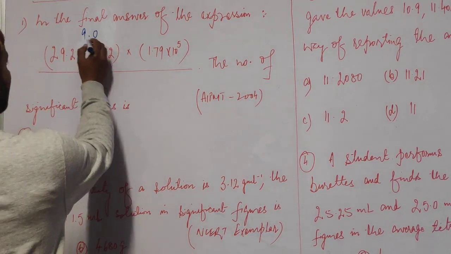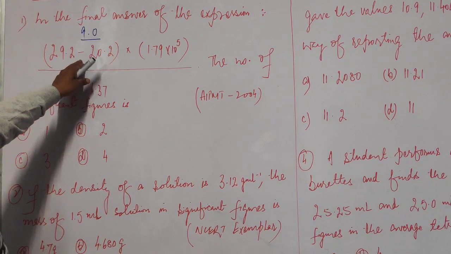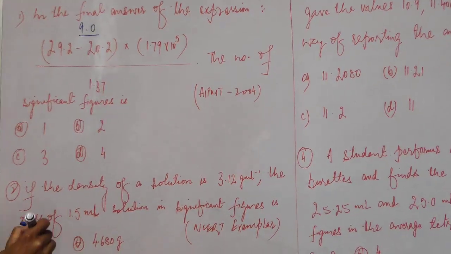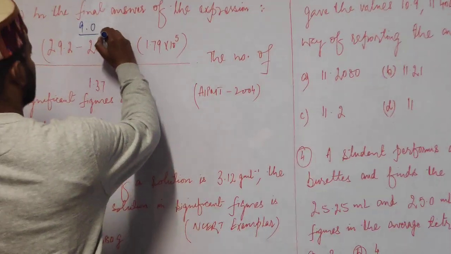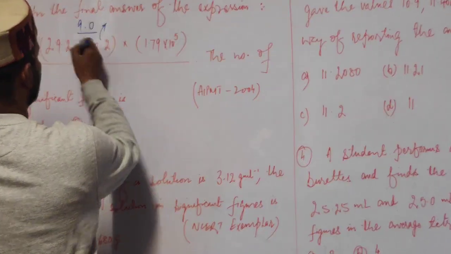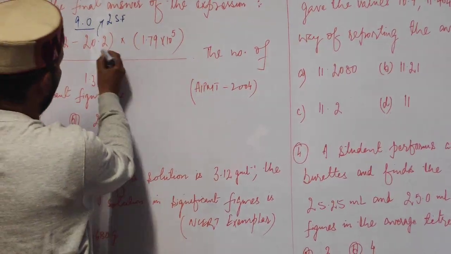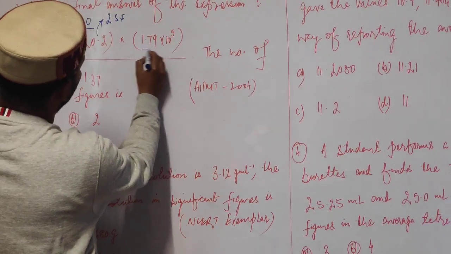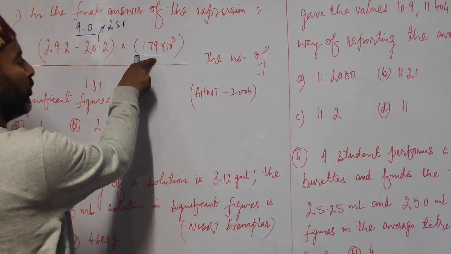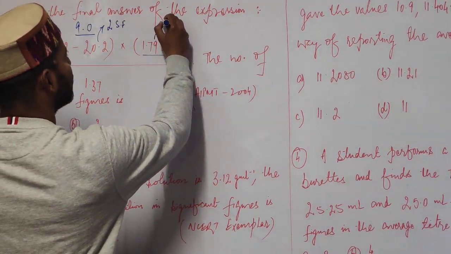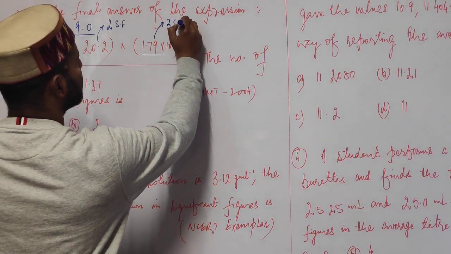So how many significant figures do we have when we subtract 29.2 and 20.2? We have 9, which has two significant figures. Now when we multiply this with a number in scientific notation, the coefficient has how many significant figures? Significant figures are given by the coefficient part, that is 3 significant figures.